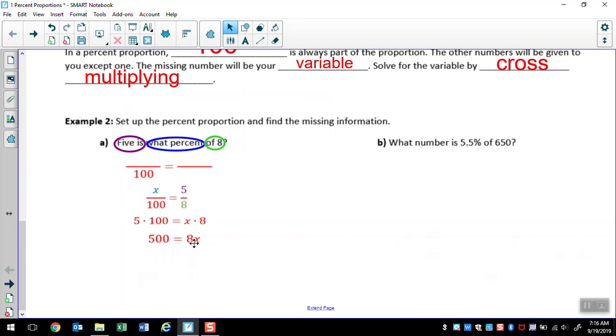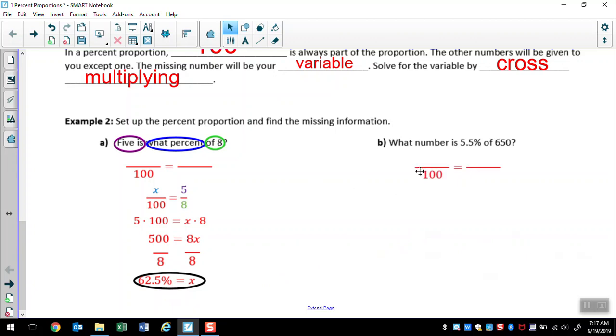So I need to undo that multiplication between the 8 and the x, so I'm going to divide both sides by 8. And we end up with an answer of 62.5%. And remember, we have to put the percent sign on this because we were looking for the percent. So make sure you're paying attention to where your x is. If it's over the 100, we put a percent sign on our answer. Circle the answer.